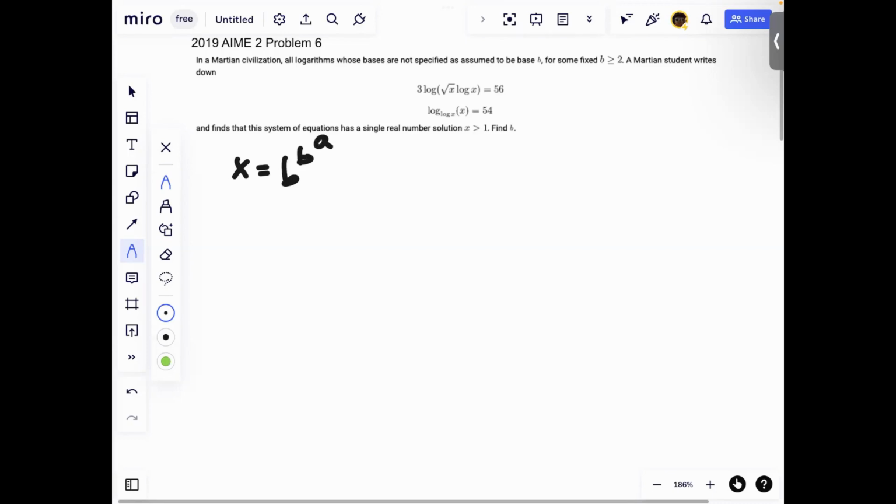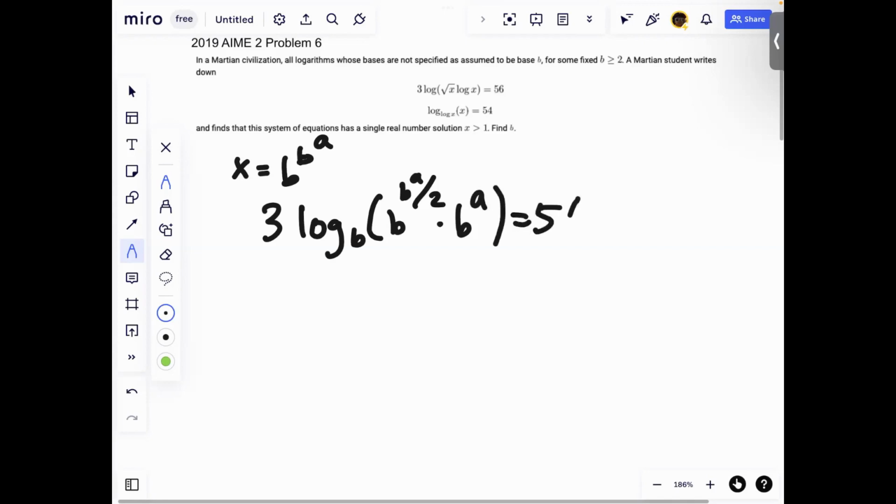Then the square root of x should be b to the power of half of b to the a, and then log of x should be log base b of x, so it's just b to the a, and this is equal to 56. And then log of x is b to the a, and then x is just b to the a, and this is 54.